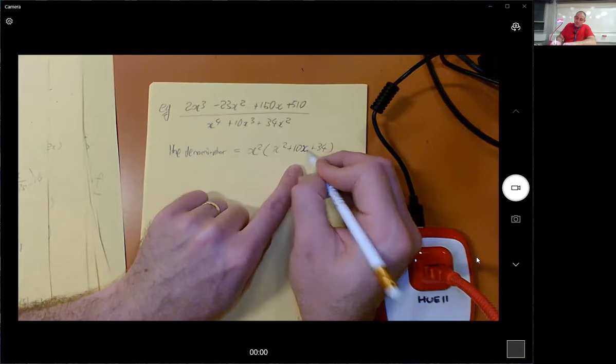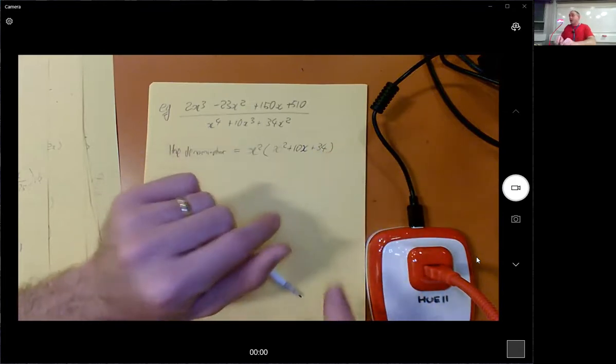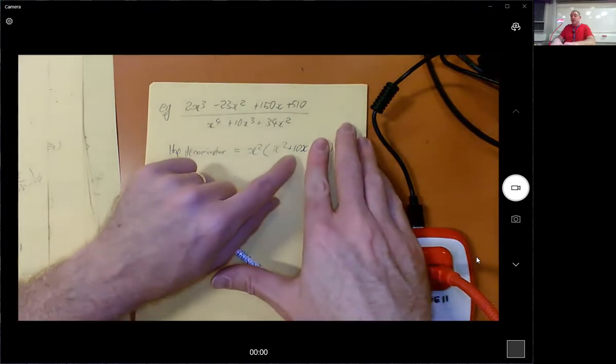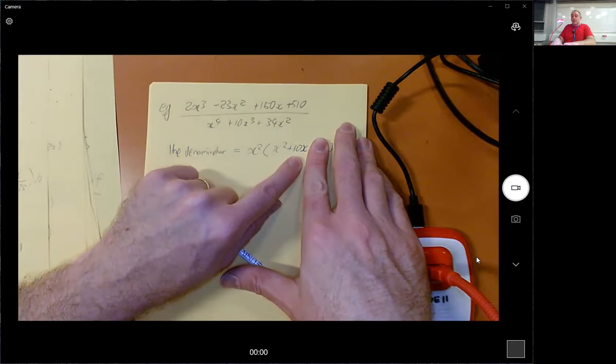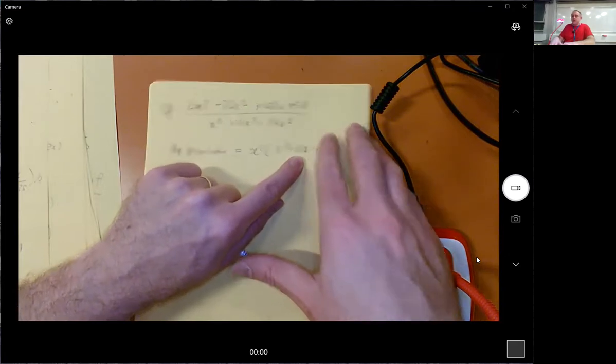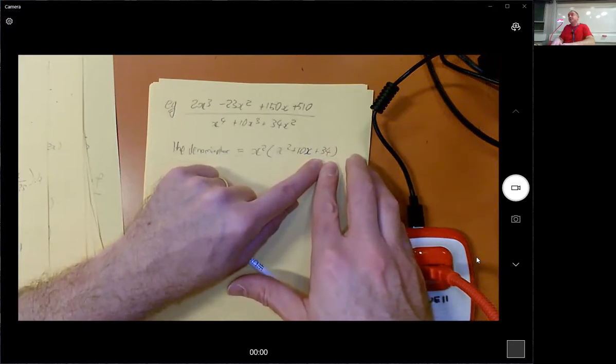Okay. So I might not quite complete the square, but just think about it. If I divide that 10 by 2, it would be a 5. And a 5 squared would be 25. And this is more than 25, so it's not going to factorize.